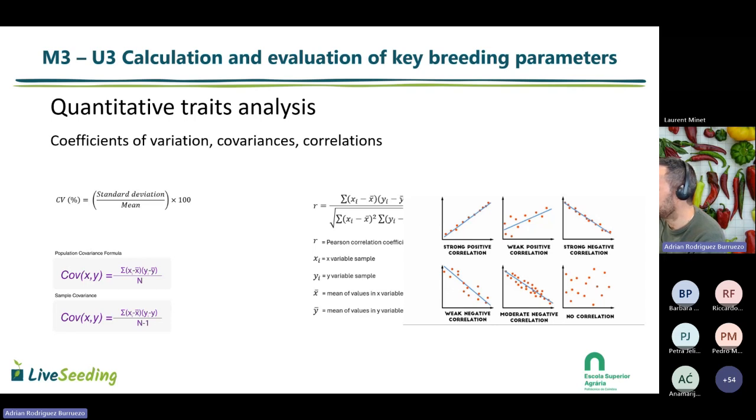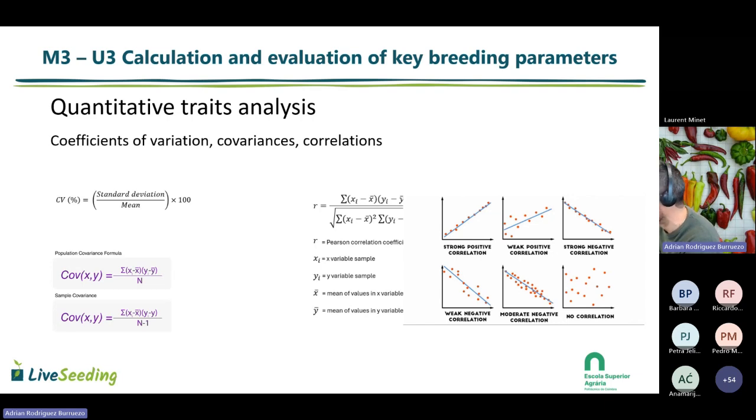Maybe positive correlation also appears in your experiments between these traits X and Y, but sometimes it is not so strong. It is positive, but not strong. Weak positive correlation. You can see that the correlation still exists, but for instance, high values of the X trait correlate in a positive way, but not at high magnitude, with the Y trait.